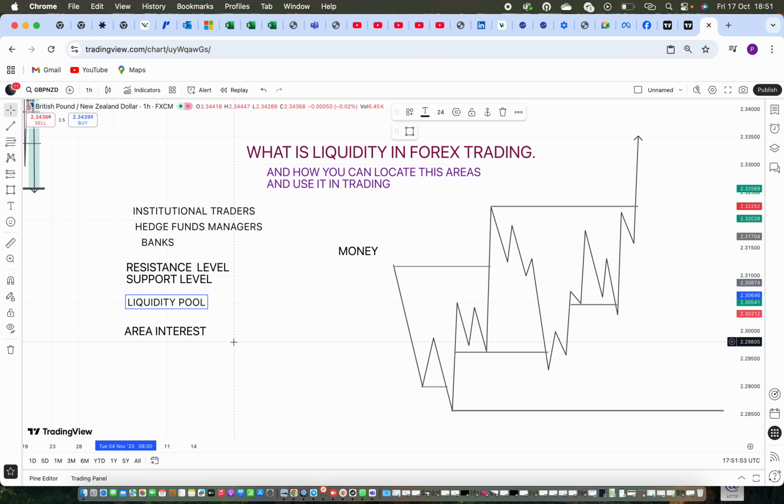If we believe there is liquidity in the market, where a lot of money or orders are sitting, we should be able to spot it and trade along with these hedge fund managers, banks, and institutional traders that move the market, because it's their money that is actually moving the market.